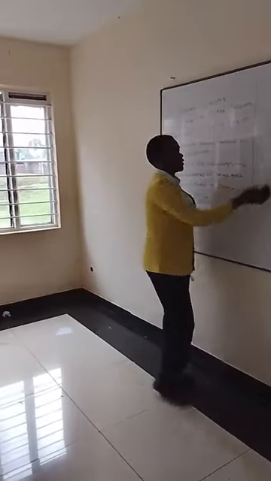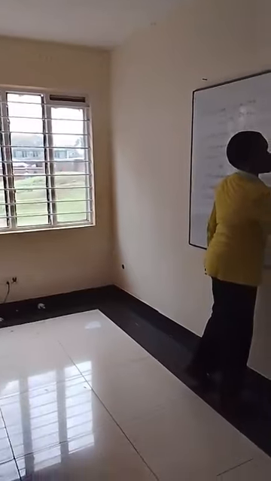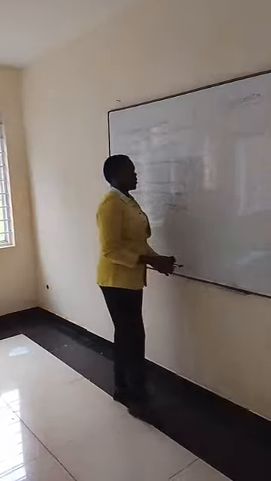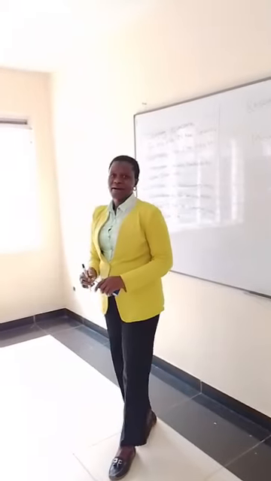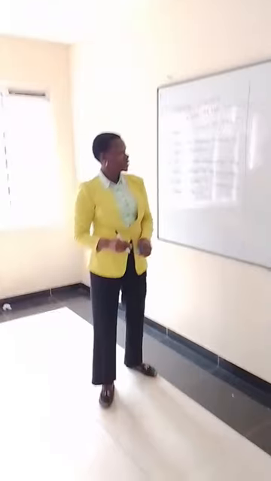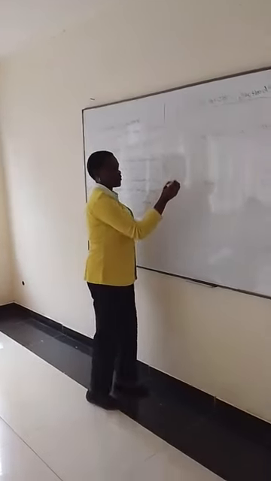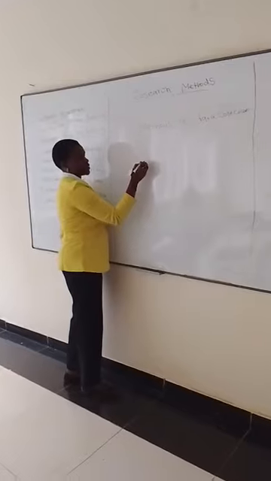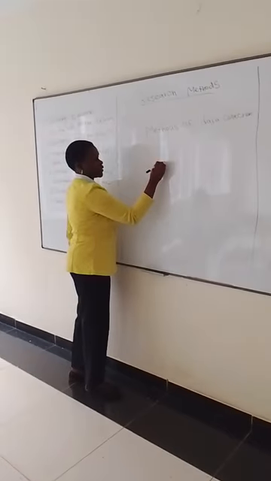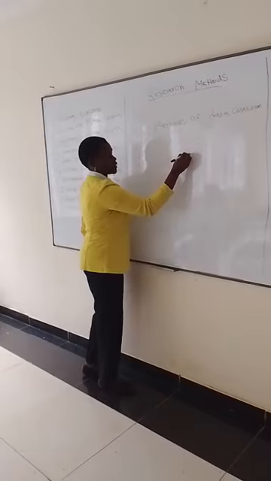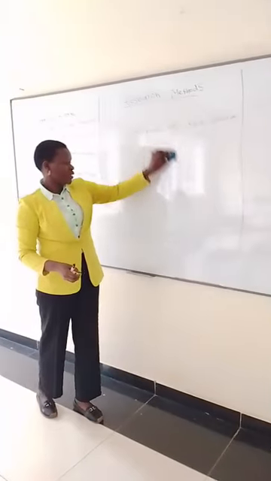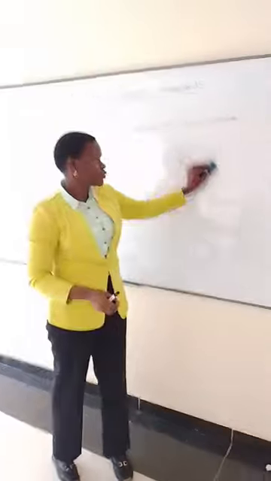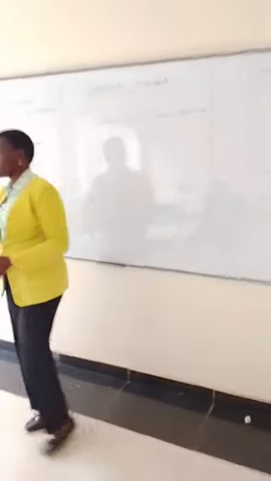Now let's look at the secondary method of data collection. In secondary, we are getting the information from various other sources, not from the real source. This is the secondary. Then it means in secondary, you will get the information using books, textbooks, videos.